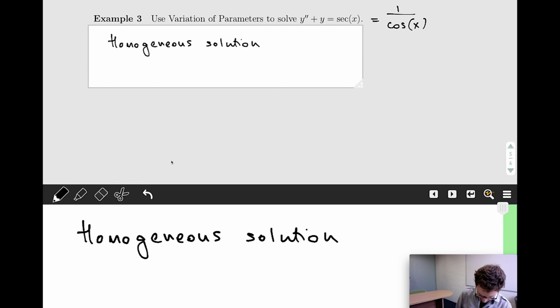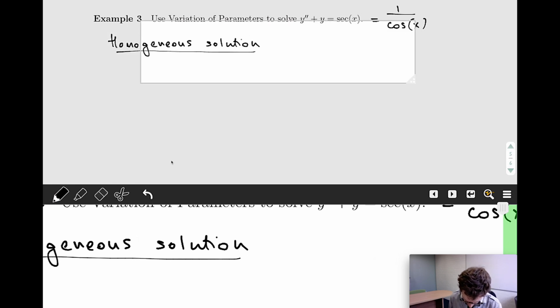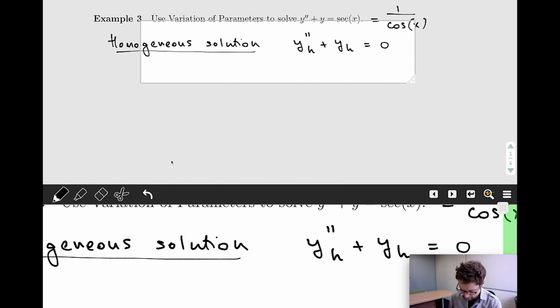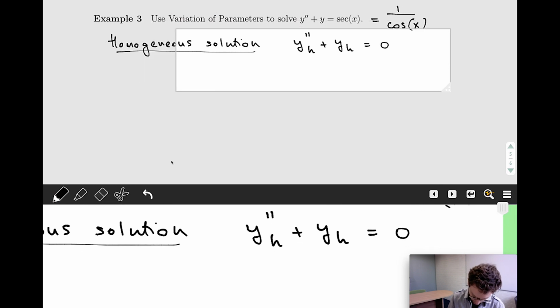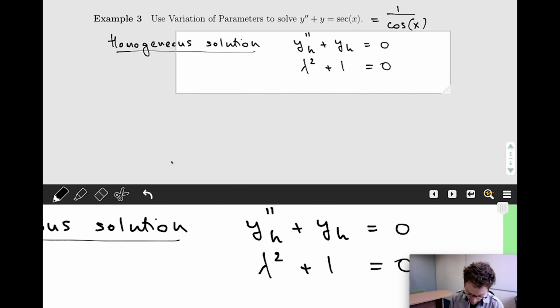So look for the homogeneous solution. That is the solution to the equation y double prime h plus yh is equal to 0. So this is actually the same homogeneous problem that we solved in the last example, but let's work through it again. We're going to write down the auxiliary equation or characteristic equation, which is the equation we get by replacing every derivative of y with a power of lambda.